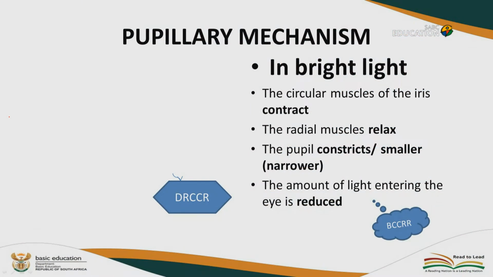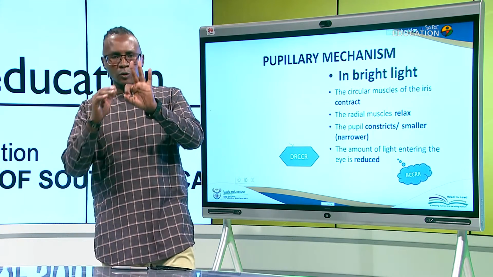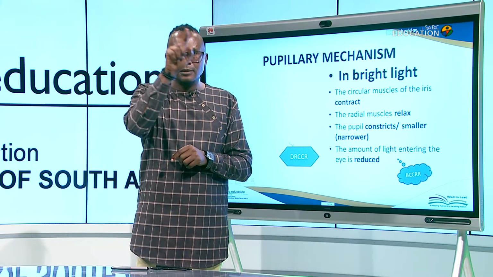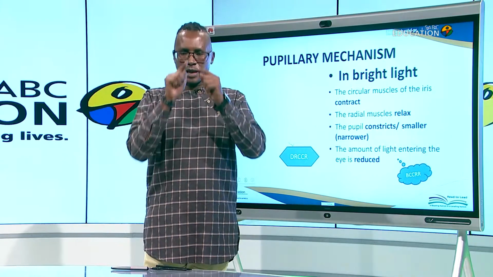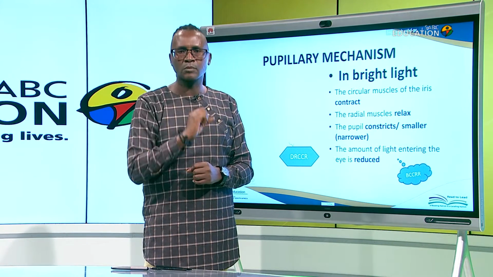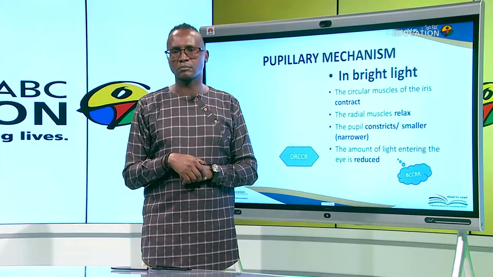In bright light, grade 12s, Mr. Makata just said to you, you focus on those three: the circular muscles, the radial muscles, and the hole, which is the pupil.